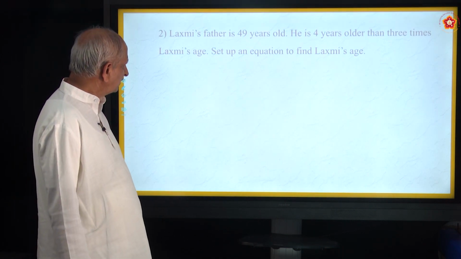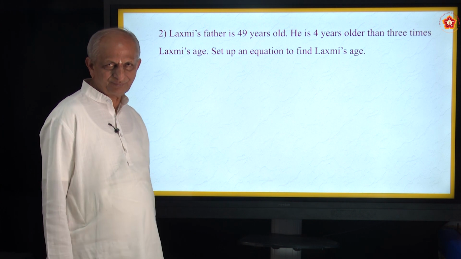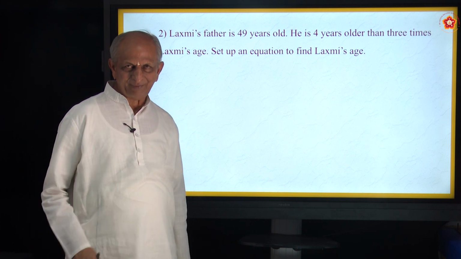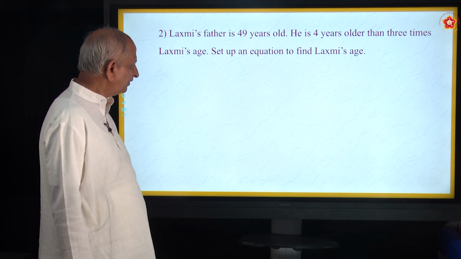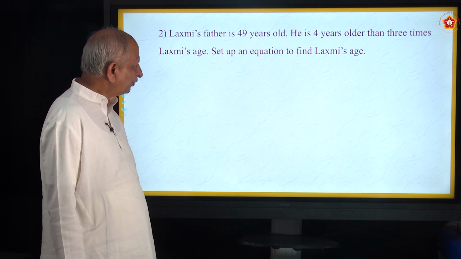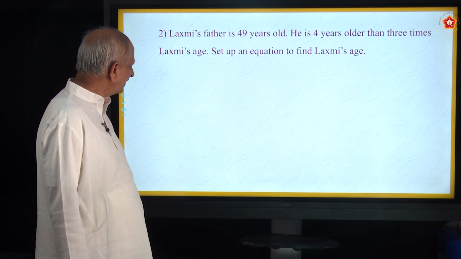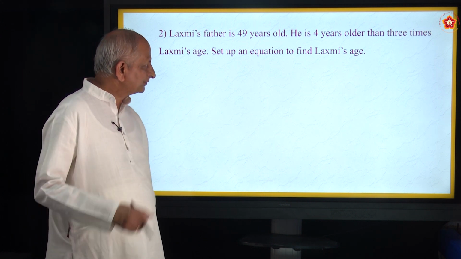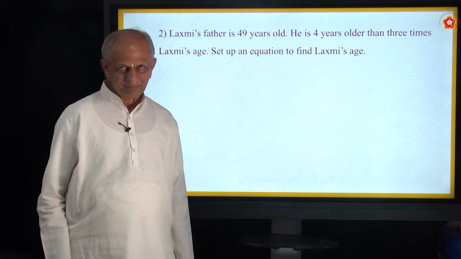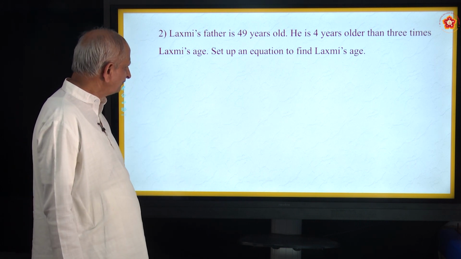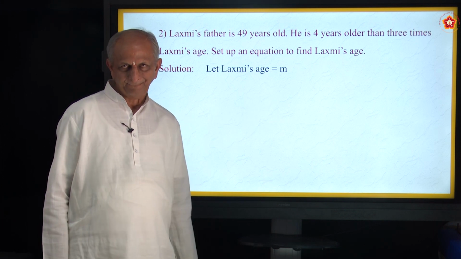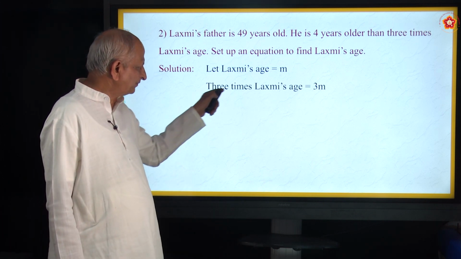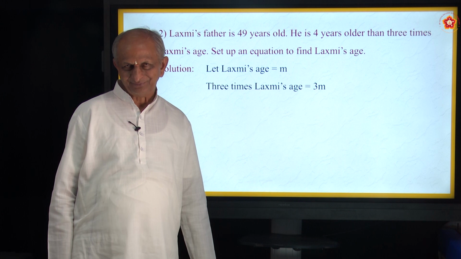Okay? Then second question. Now you have a girl by name Lakshmi. Lakshmi's father is 49 years old. He is 4 years older than 3 times Lakshmi's age. 4 years older. So here Lakshmi's age is not given, we take it as M. Okay? 3 times means what? 3M.